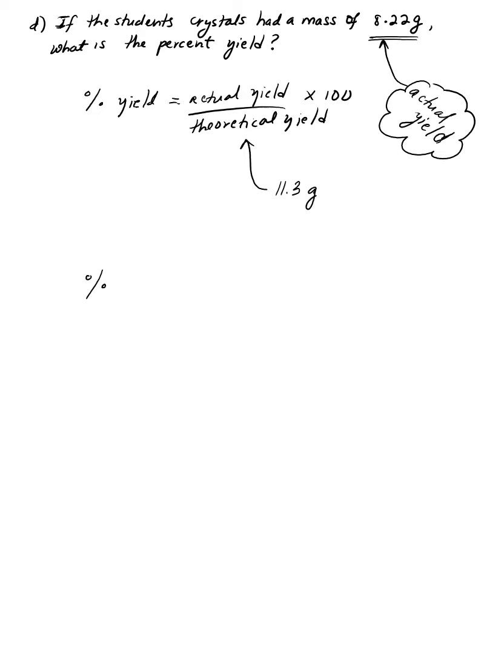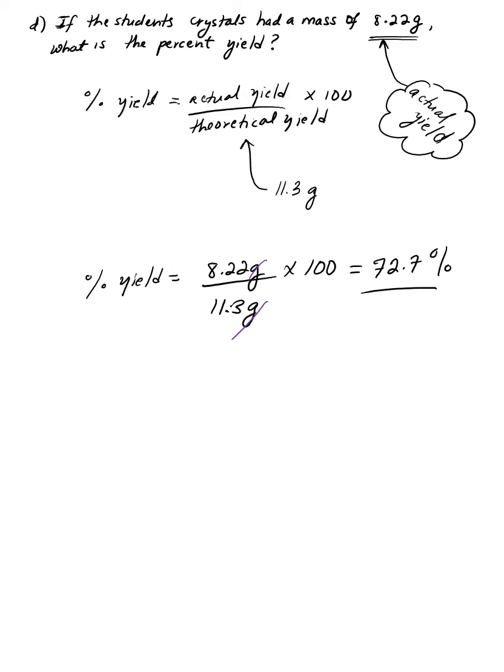So you can now calculate your percent yield. 8.22 divided by 11.3 grams, your units are canceling out, and that will be 72.7%.